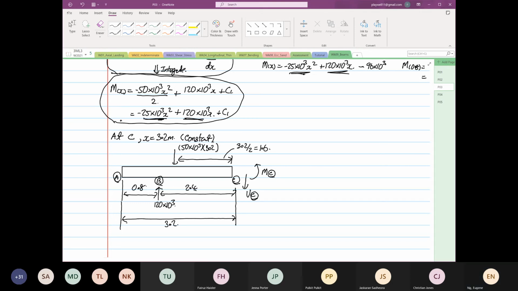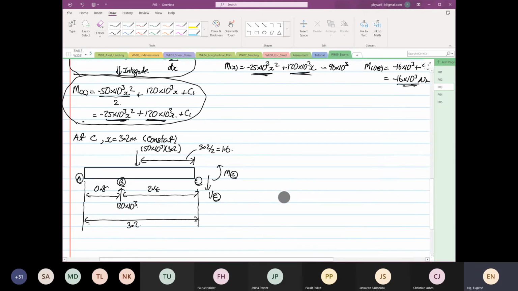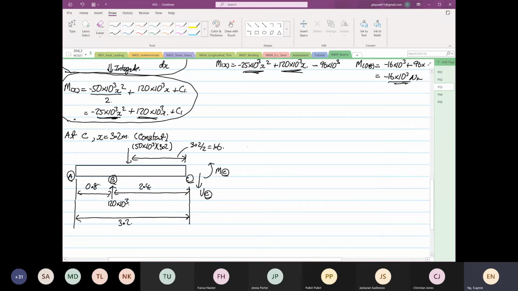So from here, we are again going to do the same thing. Okay, so we are going to look at left to right analysis, or static analysis. Left to right. So from here, positive is going up. See the same thing, right? So this will be equal to 120 times 10 to the power 3 minus 50 times 10 to the power 3 multiplied by 3.2, right?